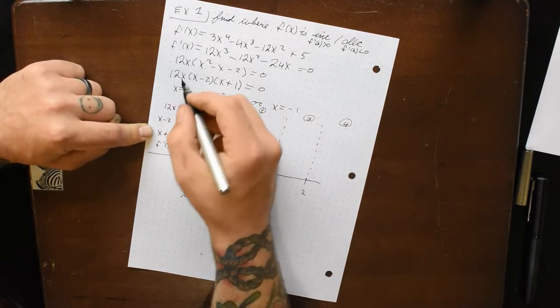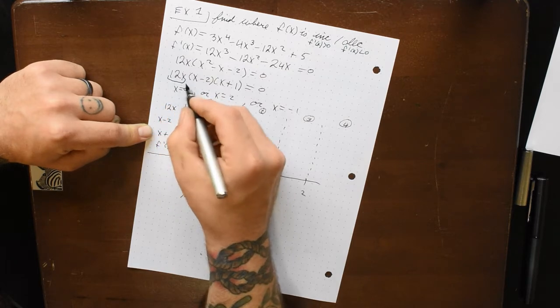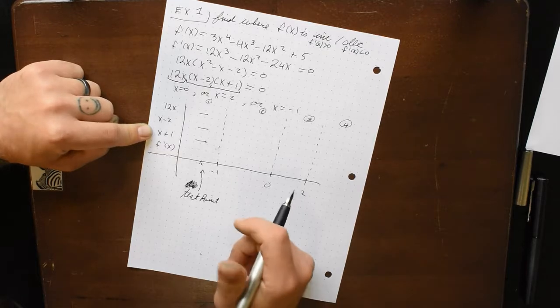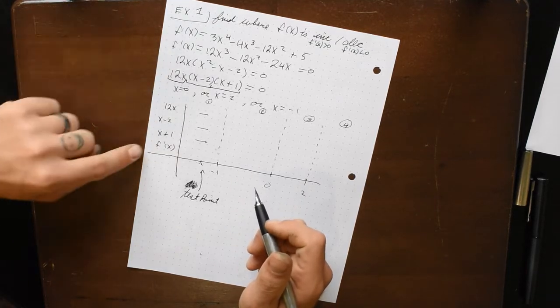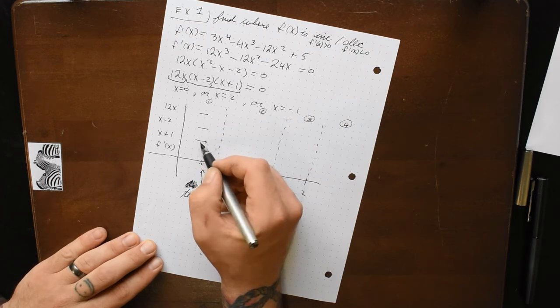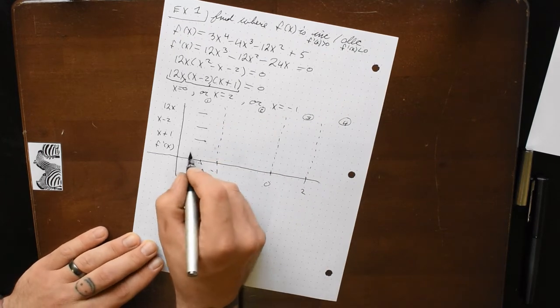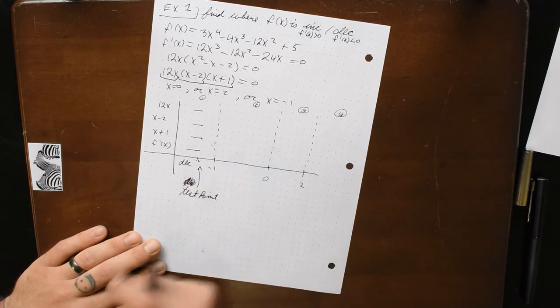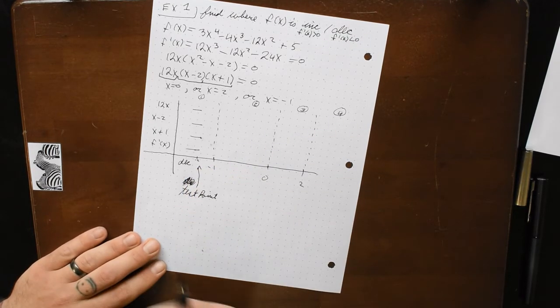So we're evaluating the sign of each of these factors. F prime of x is the product of all these factors. A negative times a negative times a negative is a negative. And what that tells us is we are decreasing on this interval.